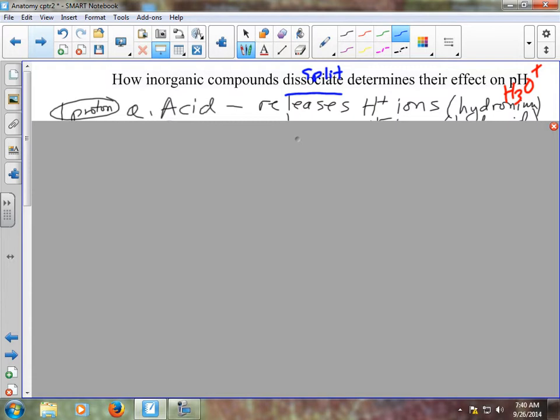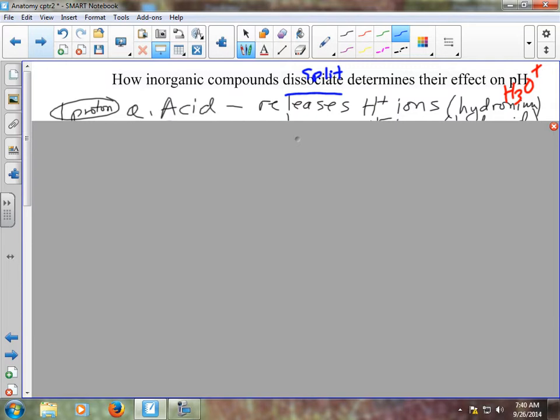Sulfuric acid. Maybe we don't know them. Nitric acid. See, these are all really strong, powerful acids. I would say these two, hydrochloric, HCl, and H2SO4, sulfuric, are probably the two that you're going to mostly deal with in chemistry context.